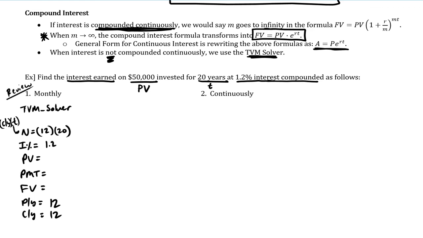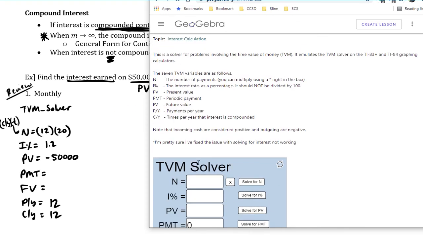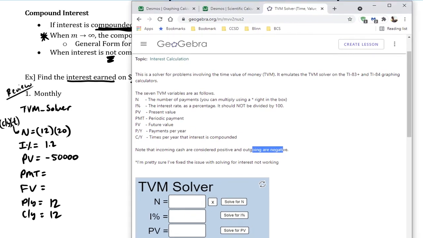The I% is 1.2, so on this program, we leave it as the percent, as 1.2. The present value is $50,000. On this, we usually do negative for present value because that's how it's programmed. On this one online, it tells you that incoming cash would be positive, outgoing are negative. So this is outgoing from my pocket into the bank.